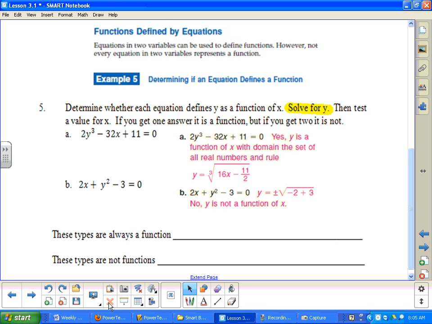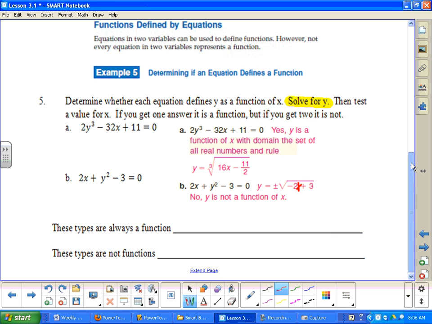And for letter B, if you solve that, you get y equals plus or minus square root of 2x plus 3. And so for A, the cube root is always only one answer. Okay? The square root is 2. What other kind of roots would be more than one answer? Any even number. Okay?